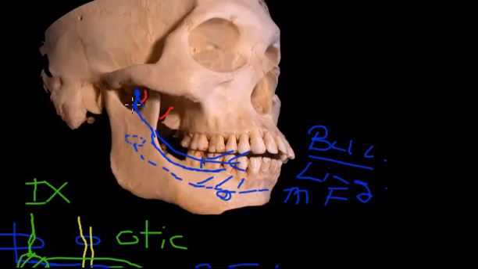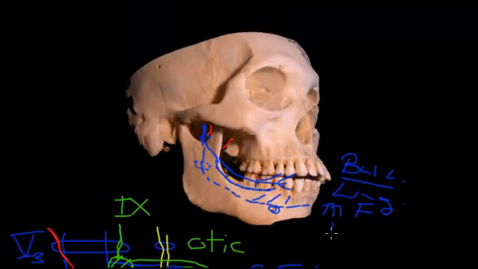And the other branch runs down here to enter the mandibular foramen, to run through here as the inferior alveolar nerve. And that's where this mandibular division runs.